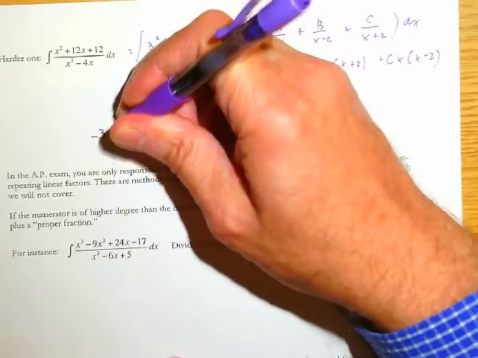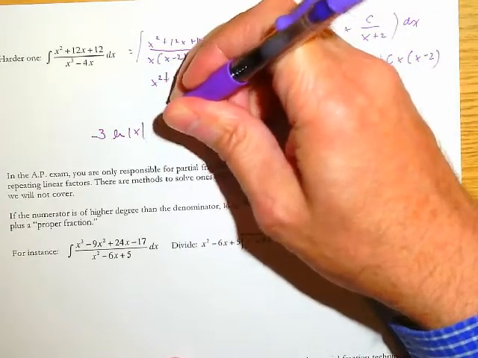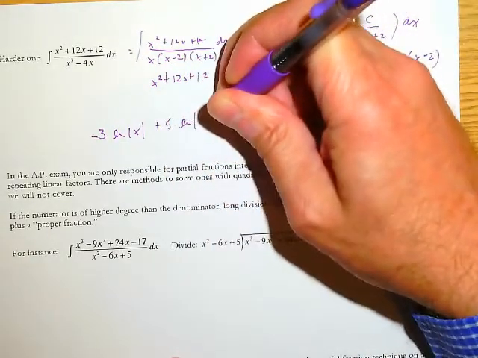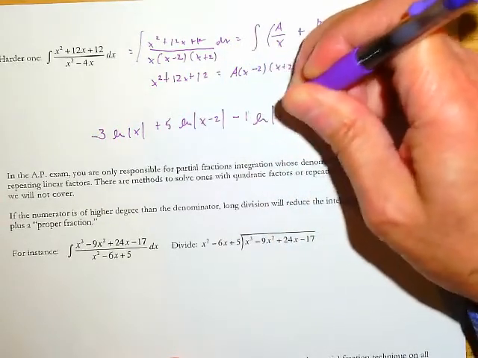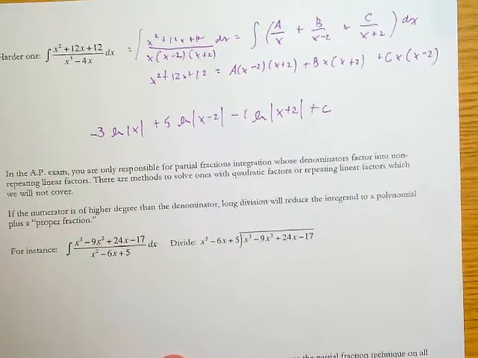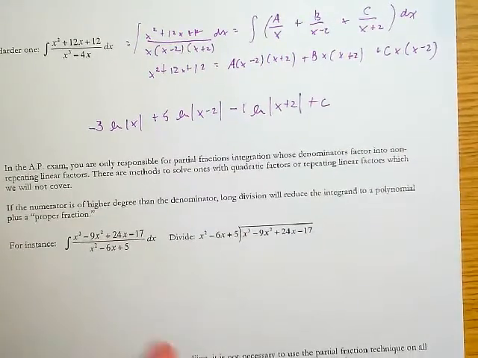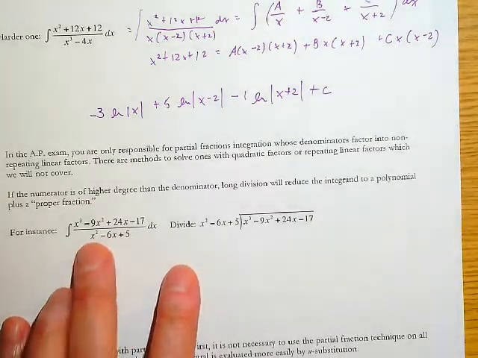It'd be negative 3 log absolute value of x plus 5 natural log x minus 2 minus 1 natural log of x plus 2 plus c. Okay? Now, with this one, and I'll let you look through the notes here, because with this one, hopefully you notice that the denominator is actually smaller.